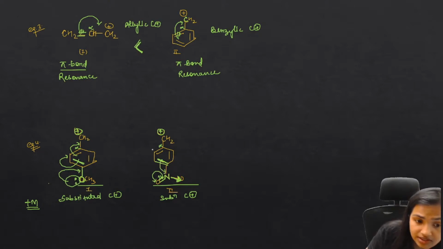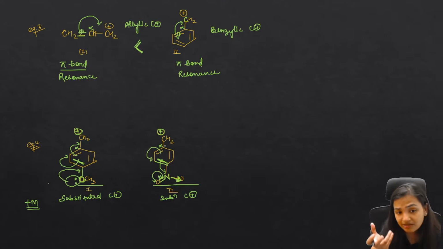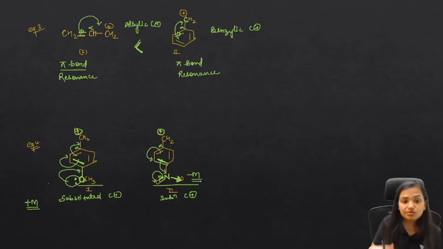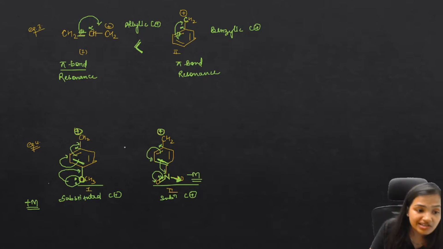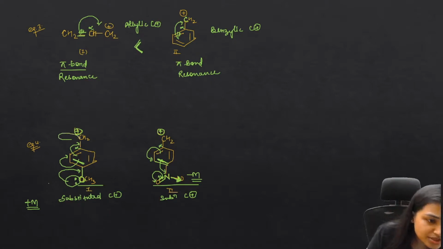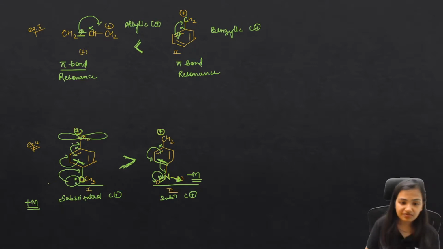This will go like this, this will go like this. Ultimately, we are pulling the electrons from the carbocation, so this is showing the minus M effect. So who is stabilizing? The carbon is saying, I am deficient, I am a 6 electron species, I need electrons. So the species which gives electrons to this vacant orbital is more stable. So here this is more stable because this is showing a plus M effect.